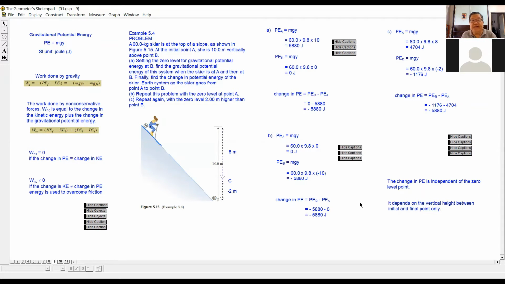Where you fix the zero level to be doesn't matter. The change in potential energy is always the same.